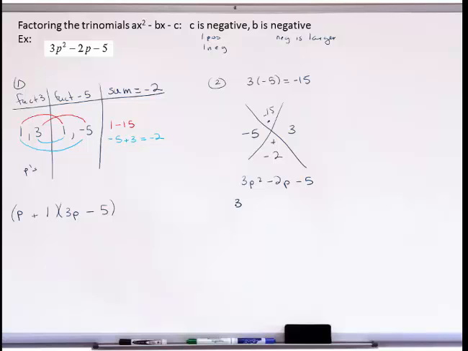I replace that 2p with a 3p minus 5p. The reason I chose that is the 3's in common and the 5's in common. I can pull 3p out of the first, and I'm left with p plus 1. I can pull negative 5 out of the second, and I'm left with p plus 1. And I get 3p minus 5 times p plus 1.